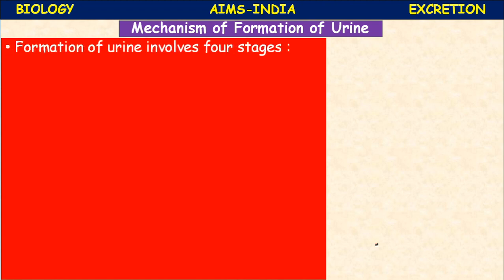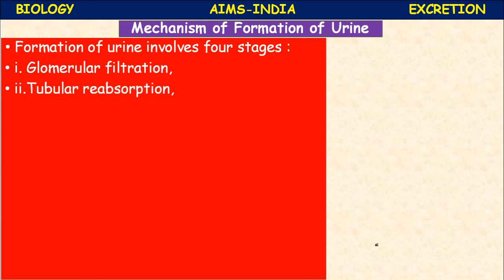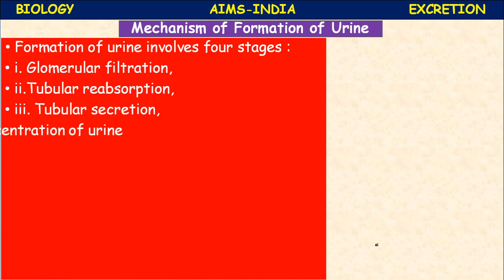Mechanism of formation of urine. The formation of urine involves 4 stages. The first one is glomerular filtration. Second one is tubular reabsorption. The third one, tubular secretion. The fourth one is concentration of urine, because the urine which is formed contains large amount of water.